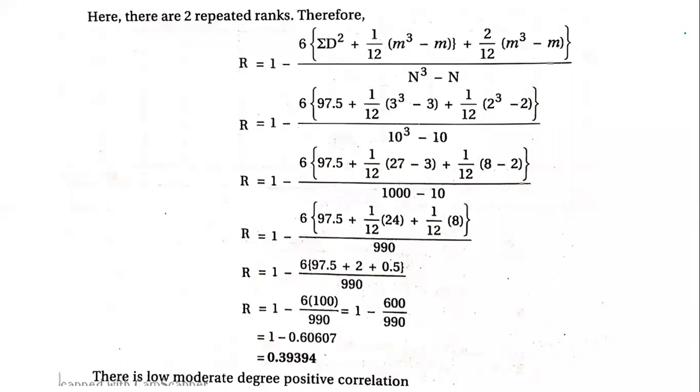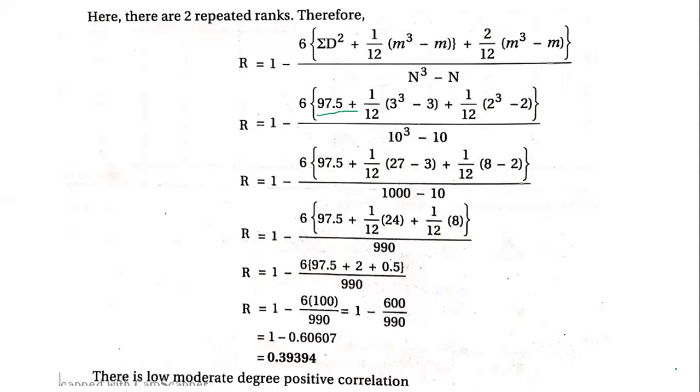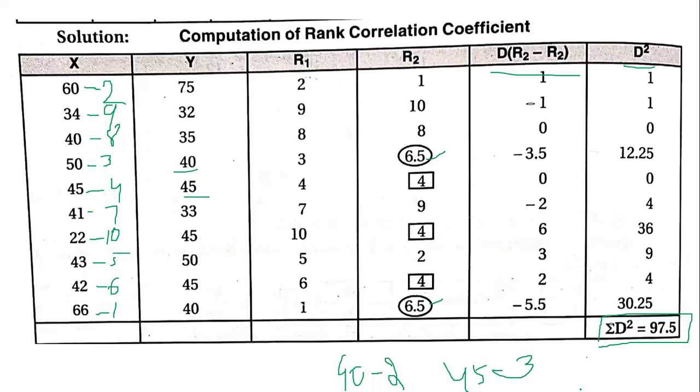Now let us go to the formula. R is equal to 1 minus 6 sigma d square, sigma d square is 97.5, which we already found out, plus 1 by 12. Now one number is repeated 3 times, which is 45.